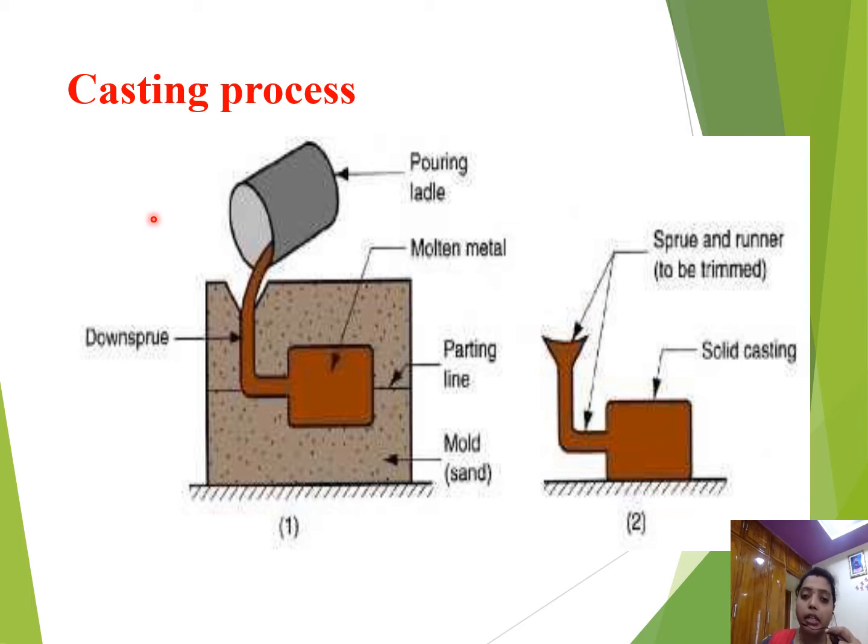After that, the molten material is taken by using a ladle. That ladle is known as the pouring ladle. We take the molten metal from the induction melting machine and pour it into the boxes. That process is known as the pouring method.